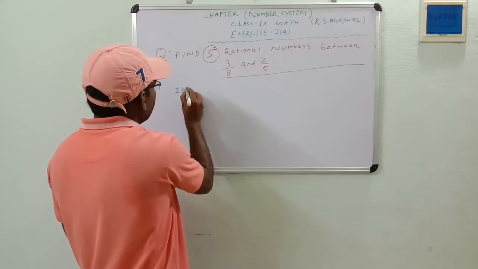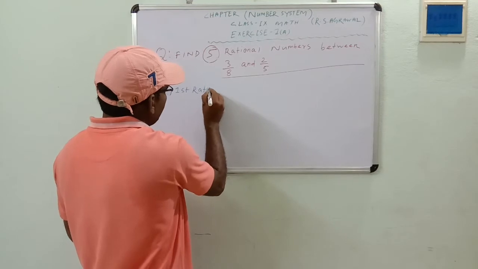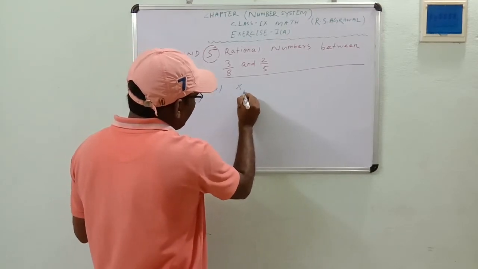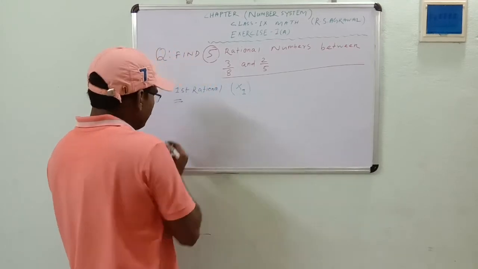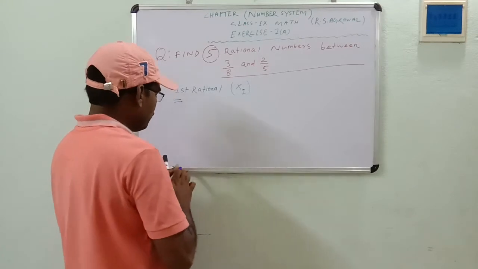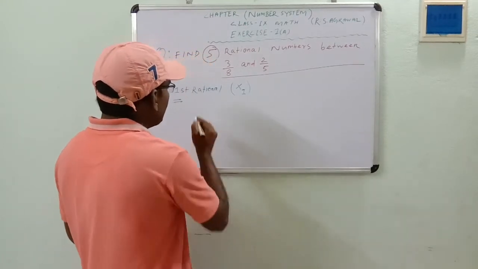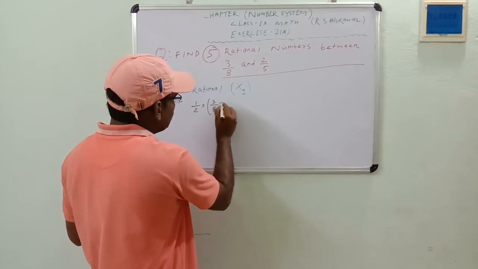First rational number. Suppose we consider it as x1 equals, using the same formula, the same procedure, 1/2 into 3/8 plus 2/5.